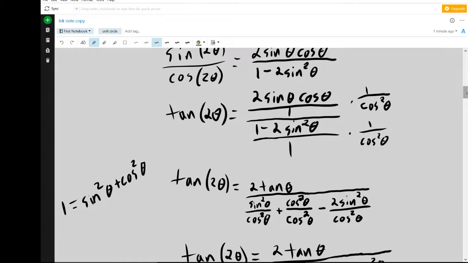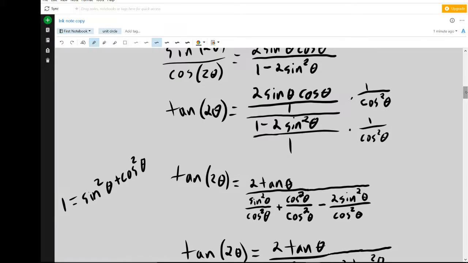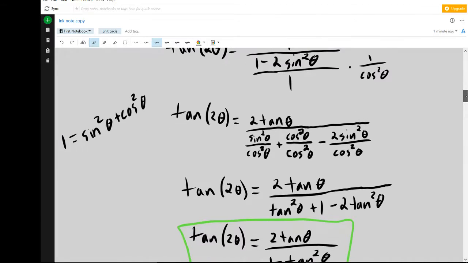If we're going to eliminate the cosine and we need the sine to be over a cosine, what we're actually going to have is a cosine squared. So we're going to multiply the top and the bottom by 1 over cosine squared. On the top, that sine over cosine is going to become a tan, and that cosine over cosine is going to cancel, leaving us with 2 tan theta.